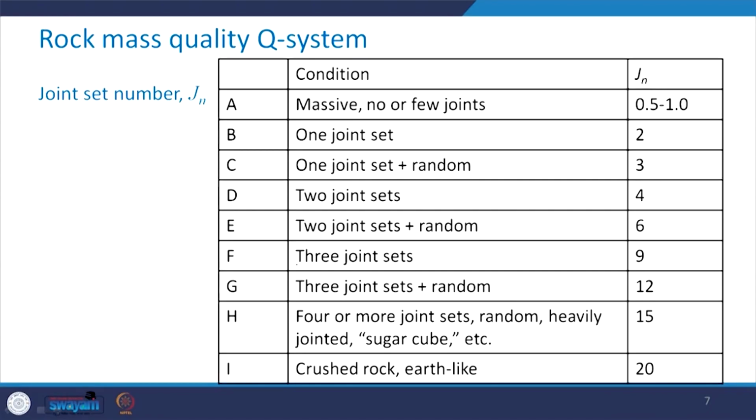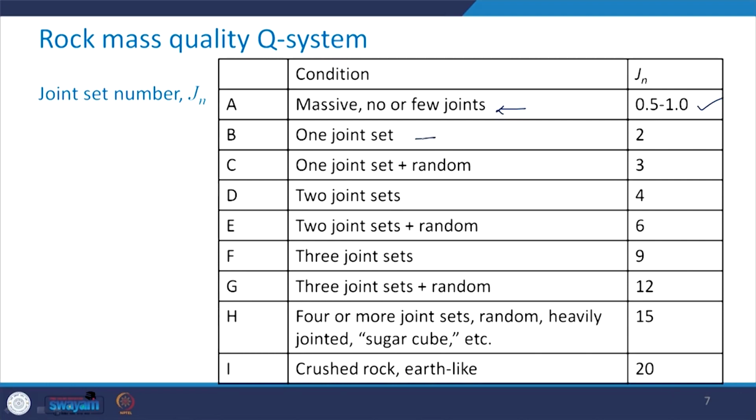The second parameter is joint set number, and this table gives us the idea about the rating which should be assigned to this parameter Jn with respect to its condition. So, if the rock mass has no or very few joints or it is massive, then Jn varies from 0.5 to 1.0.